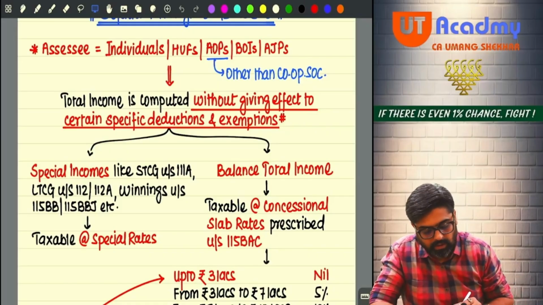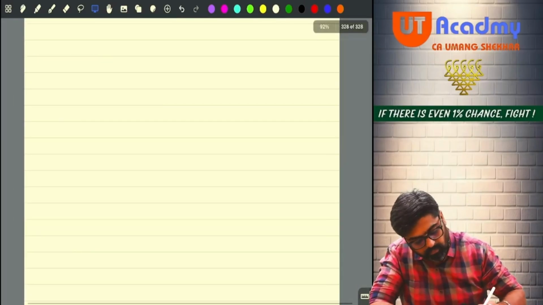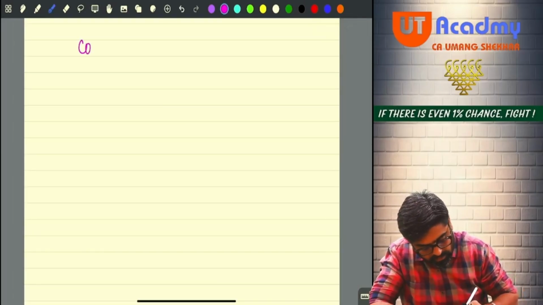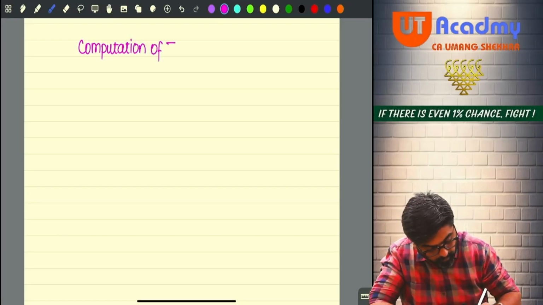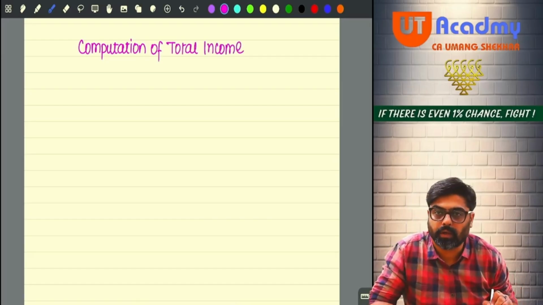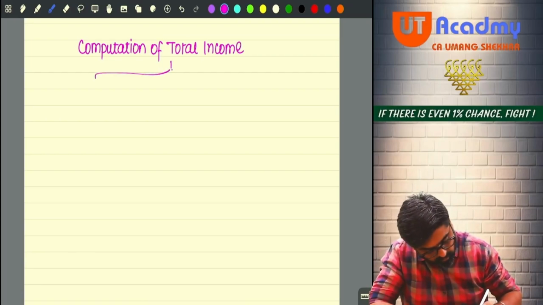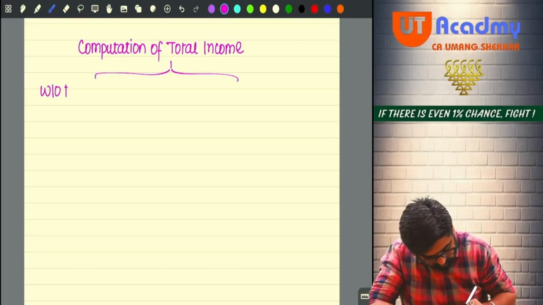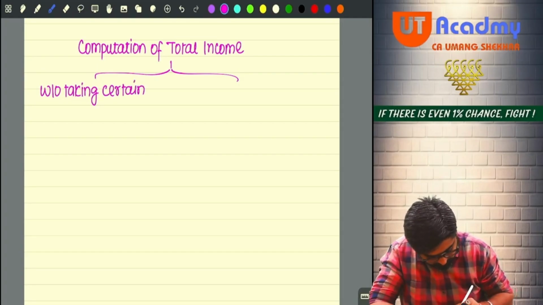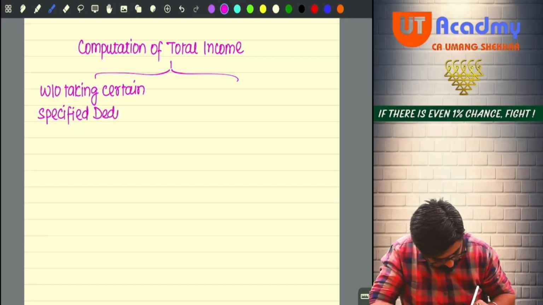Now, what are you supposed to do? Whenever you compute your total income, compute your total income without taking certain specified deductions and exemptions.